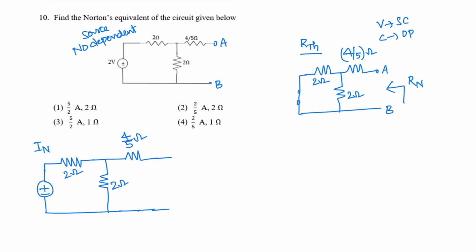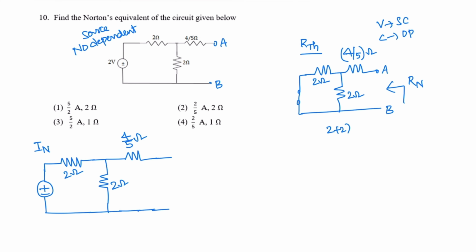that is RN or RTH. So when we look into the terminals A and B, this resistor and this resistor are in parallel combination. When two resistors of the same value are in parallel, the resistance is R by N. So that is R by 2, the resistance is 2, and 2 by 2 is 1.